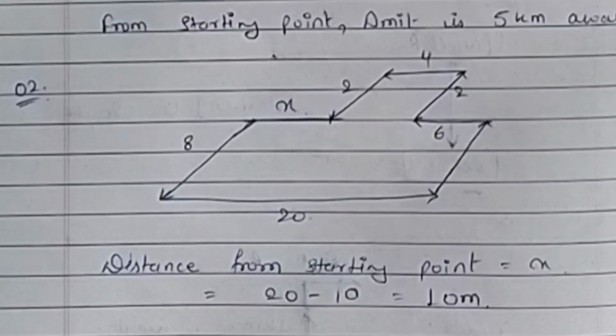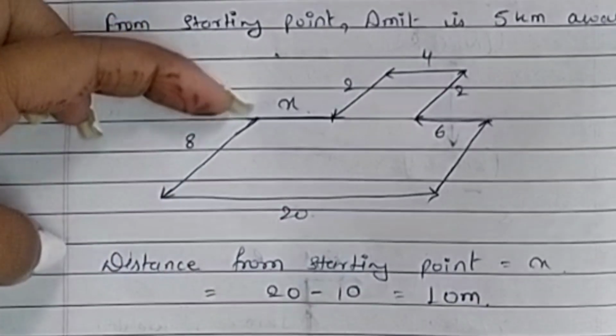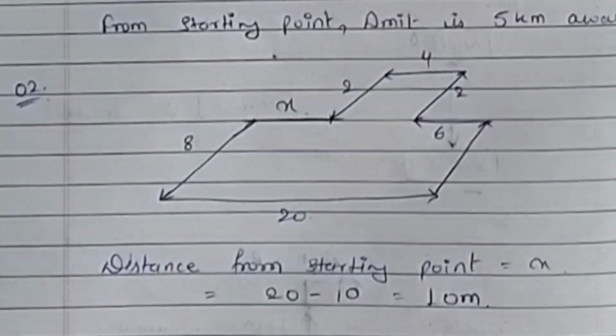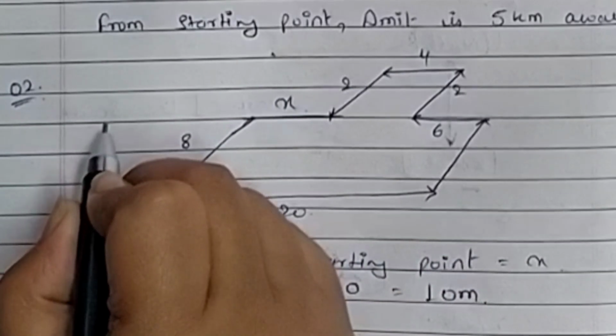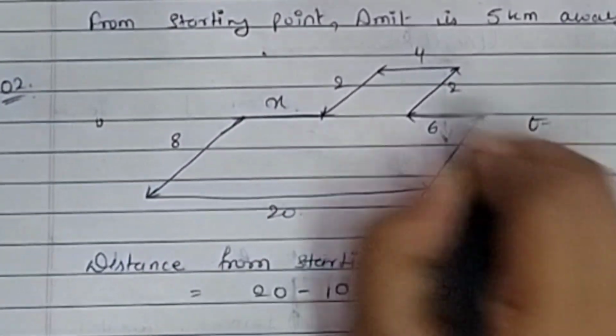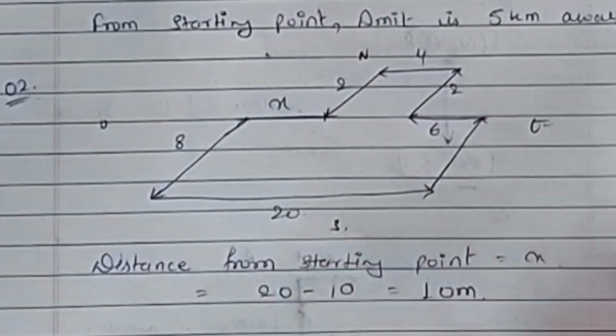Now, this question is basically saying that Ganesh cycles towards southwest a distance of 8 meters. If we take this as a reference, then this is the west, east, north and south.